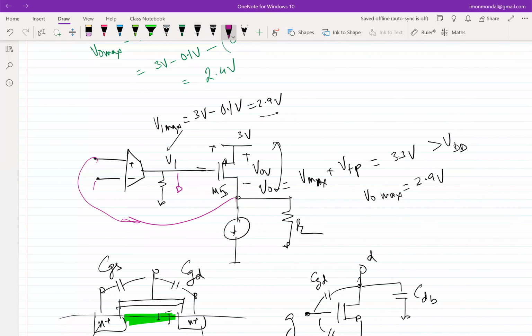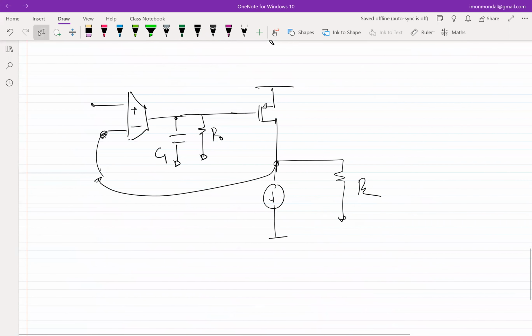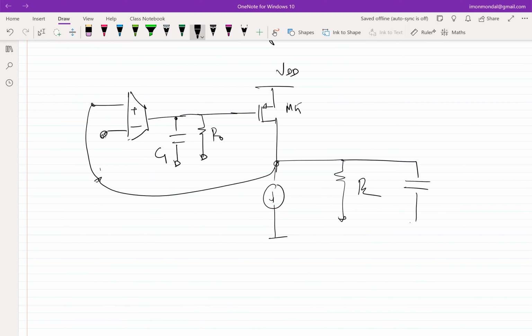A version of this was there in the quiz with an NMOS second stage, if you recall. So in this case, this will go here, and you will have a capacitance at this node. This is C2.